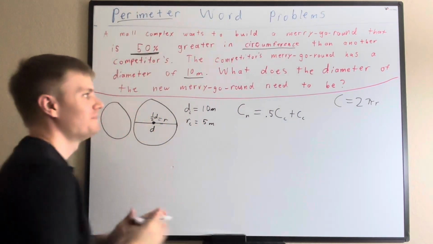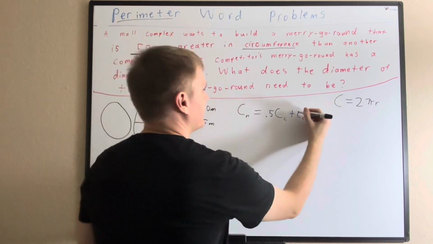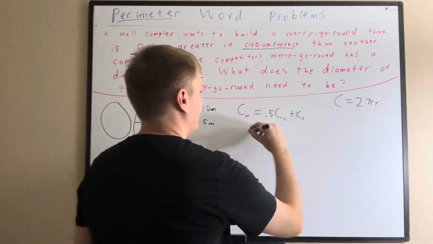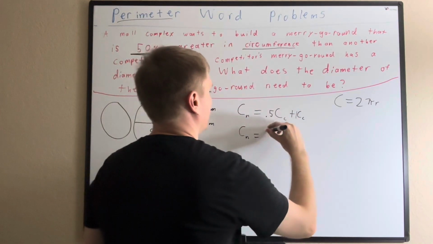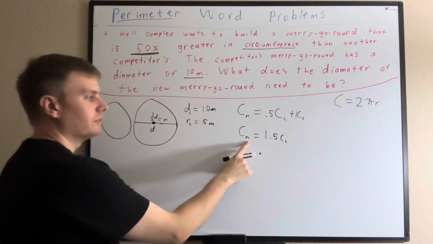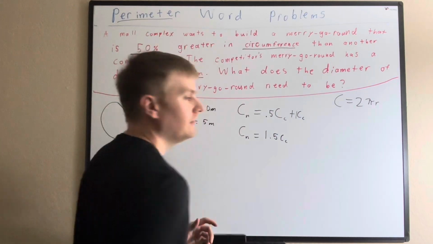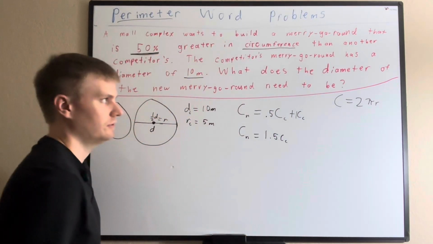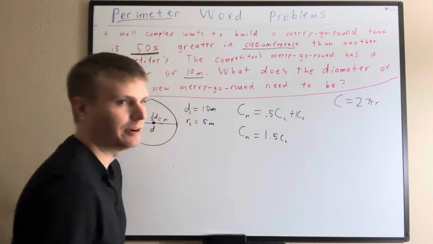Does that make sense? And you can combine these like terms into one, and say the circumference we're looking for is 1.5 times the circumference of the competitor's circle, or merry-go-round.